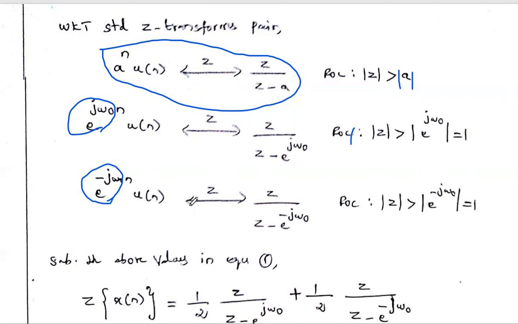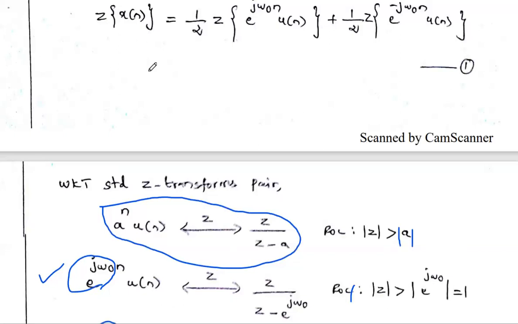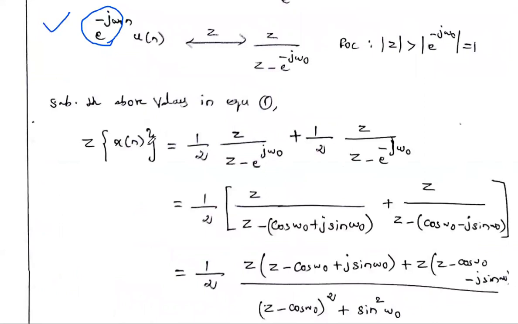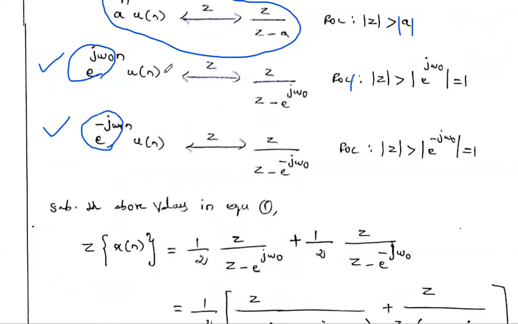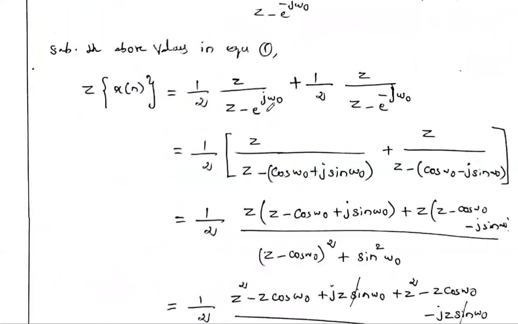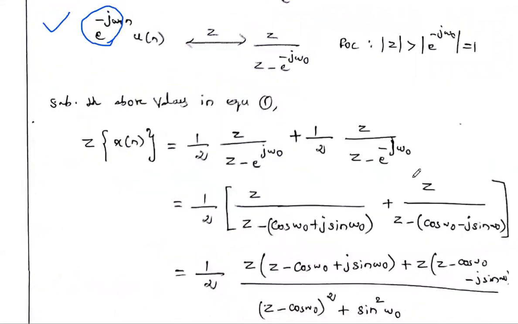Next, we are going to substitute the Z transform answer for the first signal and the second signal in our equation number 1. That is the total Z transform. So the Z transform of the given signal is 1 by 2 into Z by Z minus e power j omega naught, plus 1 by 2 into Z by Z minus e power minus j omega naught.